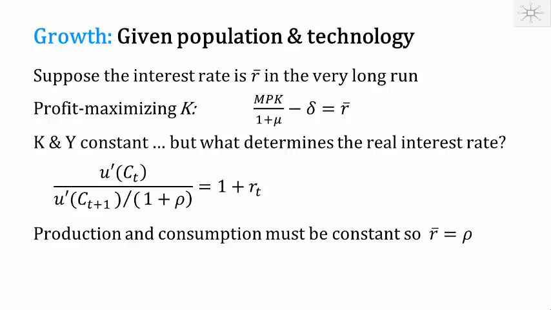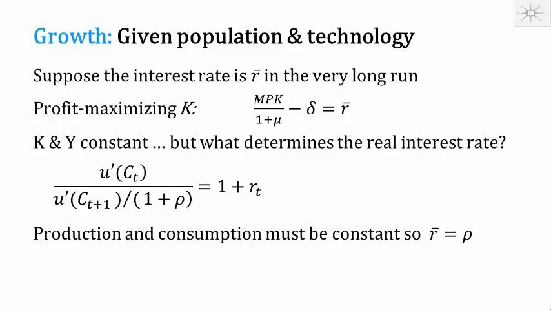The first order condition says that the marginal utility of consumption today, divided by the marginal utility of consumption next year divided by 1 plus the subjective discount rate, should be equal to 1 plus the real interest rate, which is the relative price of consumption today in terms of consumption next year.